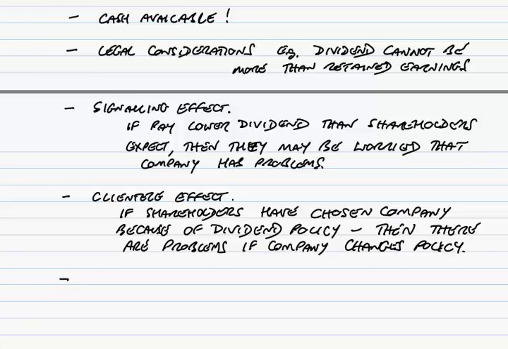Another thing to consider. We said at the very beginning, a factor is the cash available, but of course, just because there's 10 million available doesn't mean you pay a 10 million dividend, because companies do retain to invest. So another thing to be considered is what investments are available to use any retained earnings.